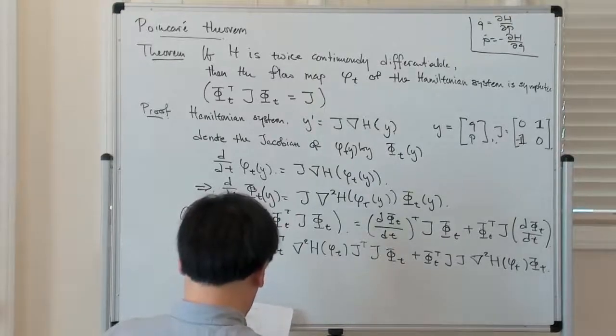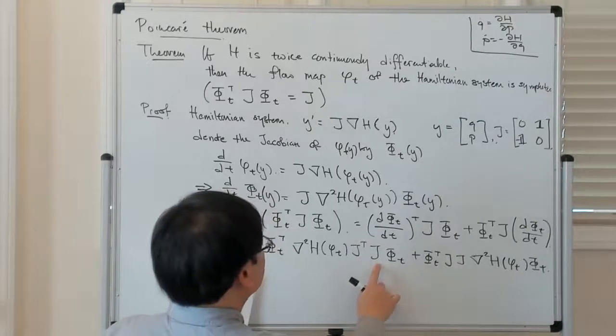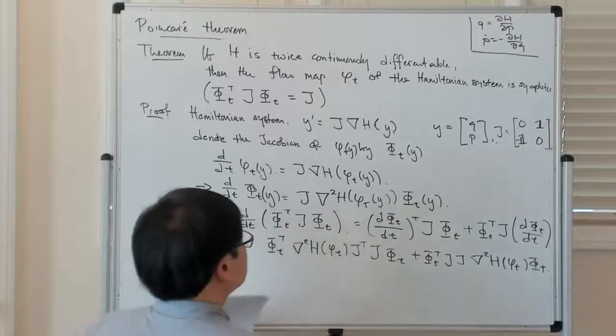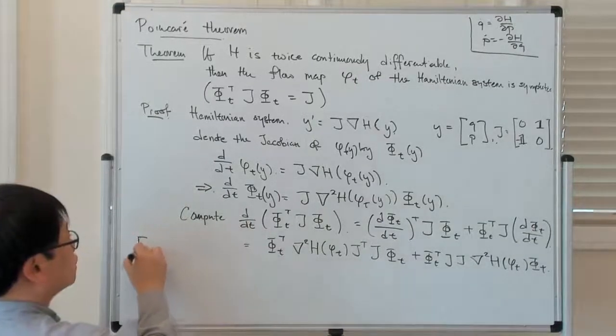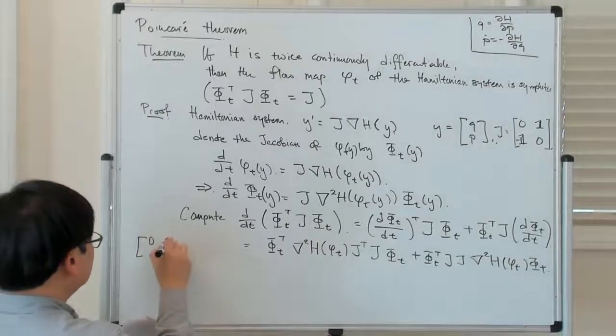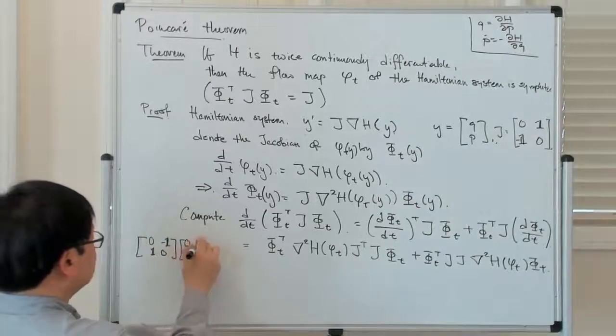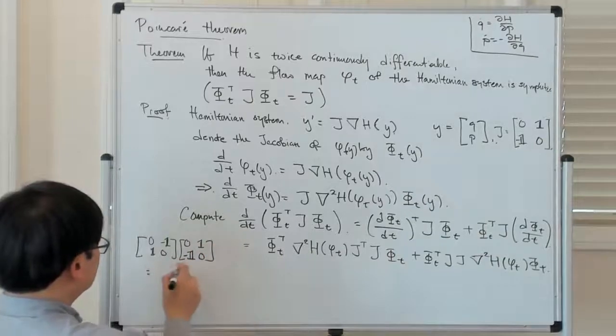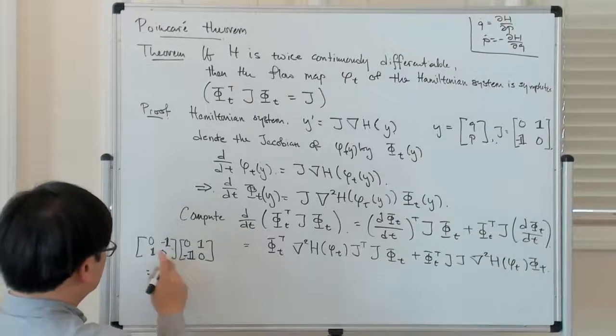And you can check that J transpose times J is the identity. J transpose is 0, minus identity, identity, 0, times J, which is 0, identity, minus identity, 0.